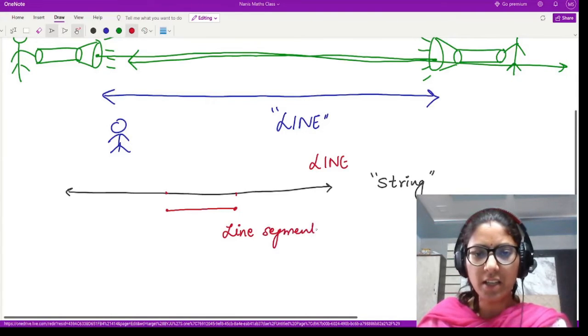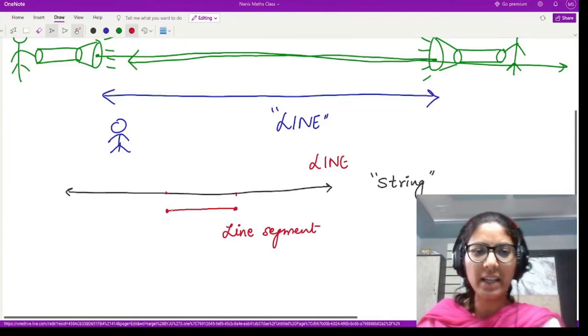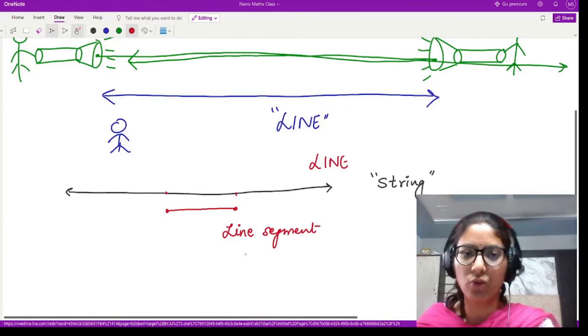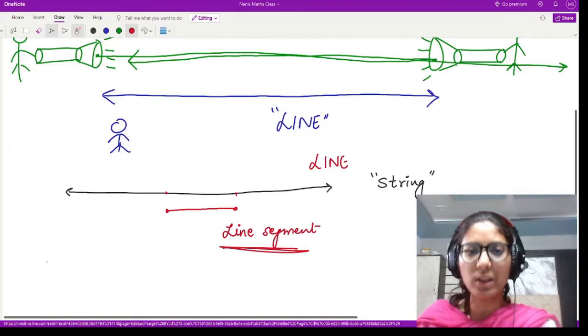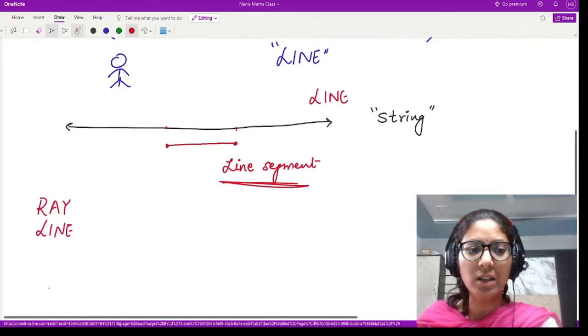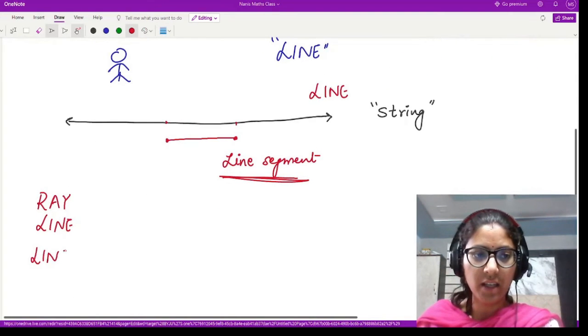So we have a line segment where I put two dots at the ends and some line in between. It is basically a portion of the line. So we have studied about ray, line, and line segment. Now let's come to the topic of angles.